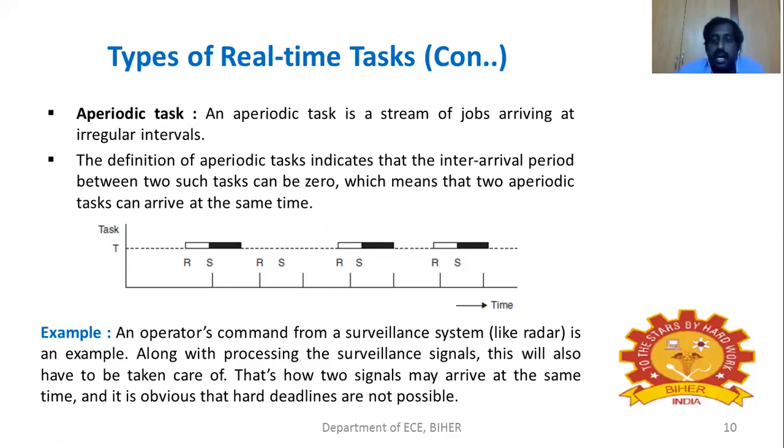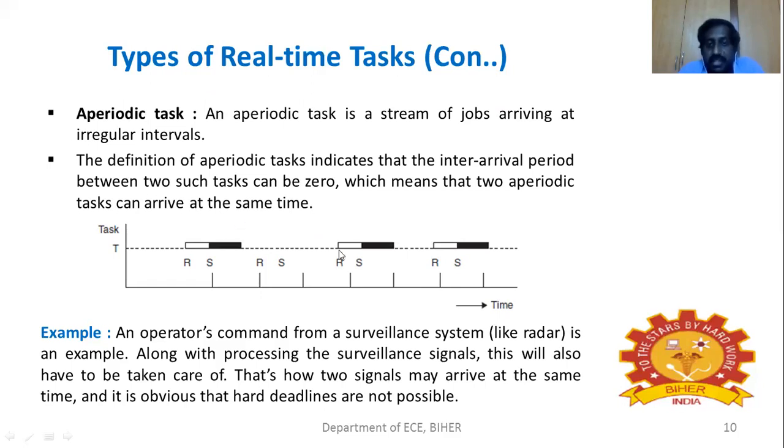Here we can see the time period is not periodic. The time between arrivals is not the same: here it is more, here it is less. In the previous case, the time interval is the same. Here the time period is irregular. So this is known as aperiodic.